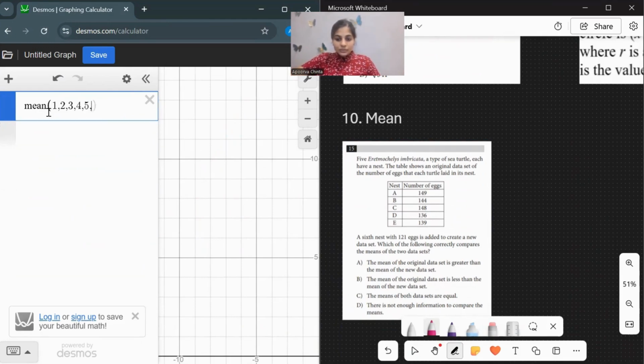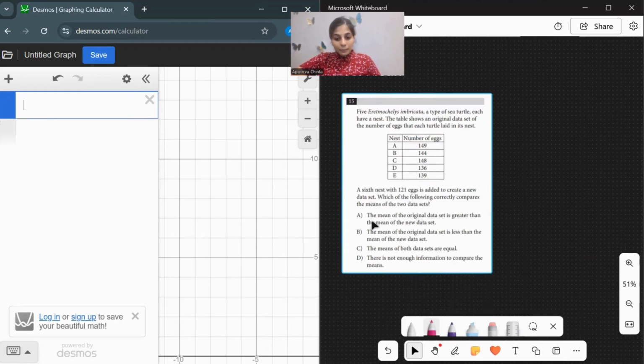Now let's see this question, which says we are given a table and a sixth nest with 121 eggs is added to create a new data set. Which of the following correctly compares the mean of the two data sets? First we need to find the mean of the original data set.